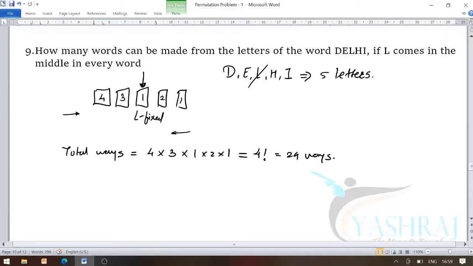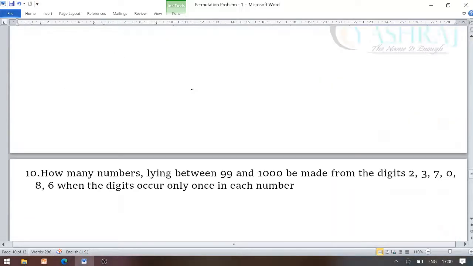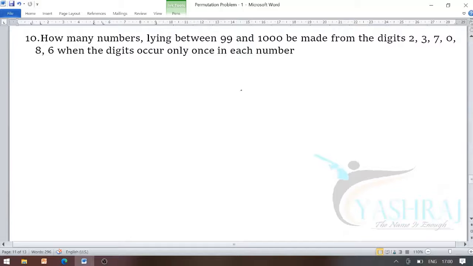Now look at the next problem we are having. It is of the form: how many numbers lying between 99 and 1000 can be made from the digits 2, 3, 7, 0, 8, 6 when the digits occur only once in each number? That means repetition is not allowed strictly.